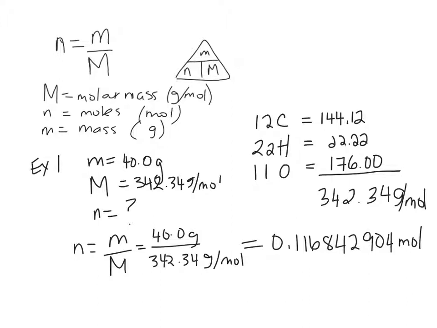So you can only have 3 significant digits in your final answer. So we're going to keep that position. We're dropping the 8, so it rounds to 7. So 0.117 moles of sucrose.